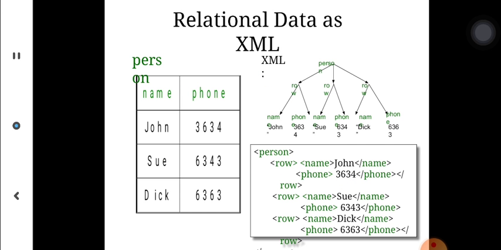And relational data as XML, you can see here, on one hand we have a table, and then we are developing an XML: person, name, row. Each row you can say row, and then in each row you have name and phone number, name, end name, phone, end phone.